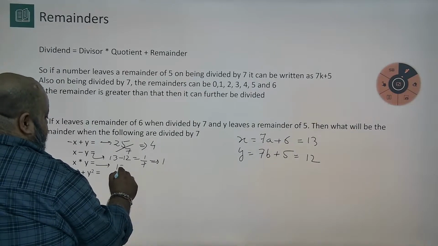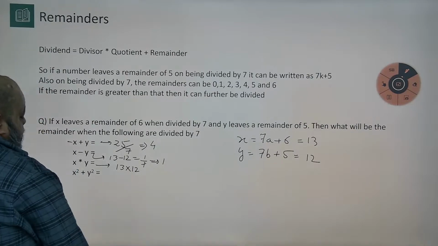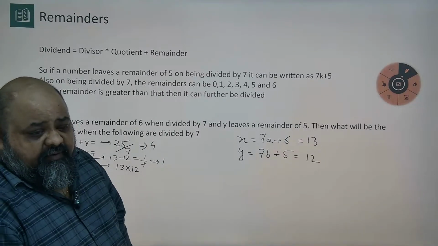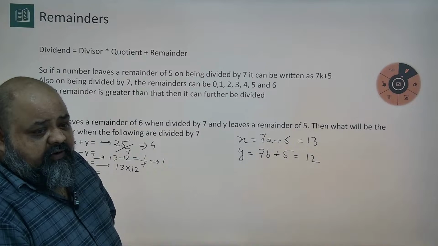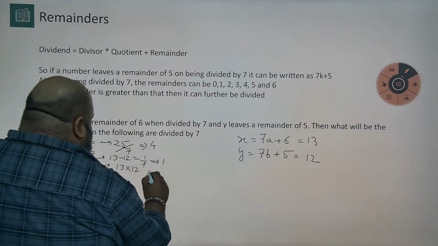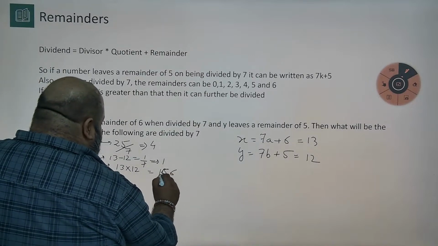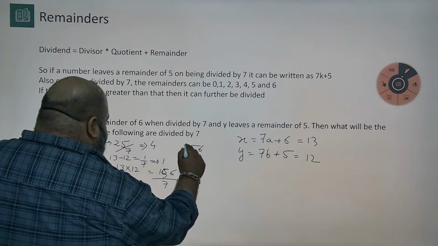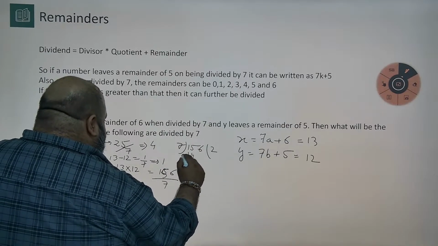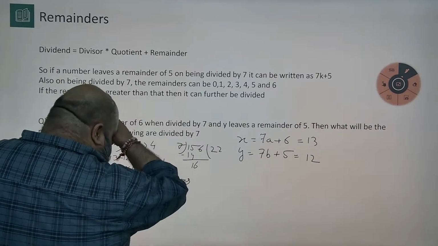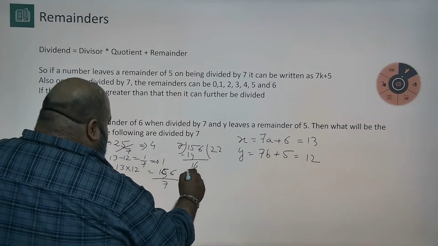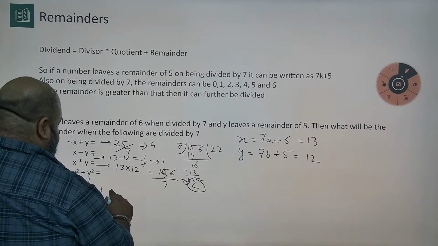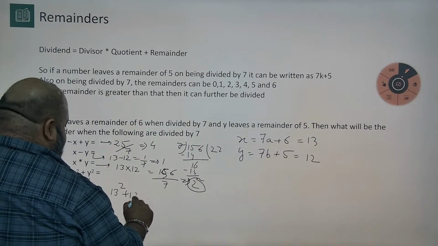x into y, 13 into 12. 13 into 12 will be how much? 12 into 12 is 144, plus 12, 156. 156 divided by 7. 7 22s are 154. So a remainder of 2. x square plus y square, 13 square plus 12 square.